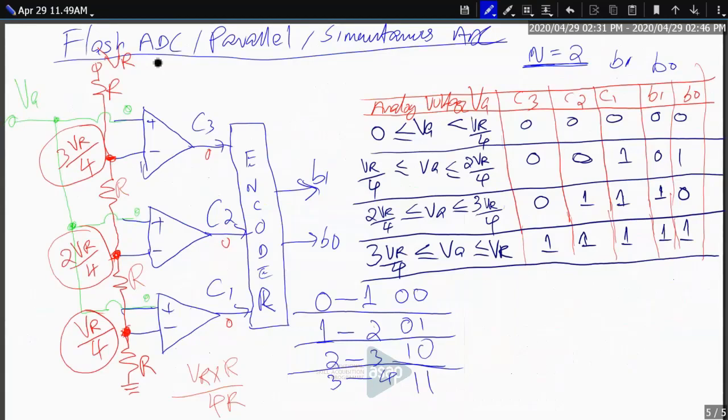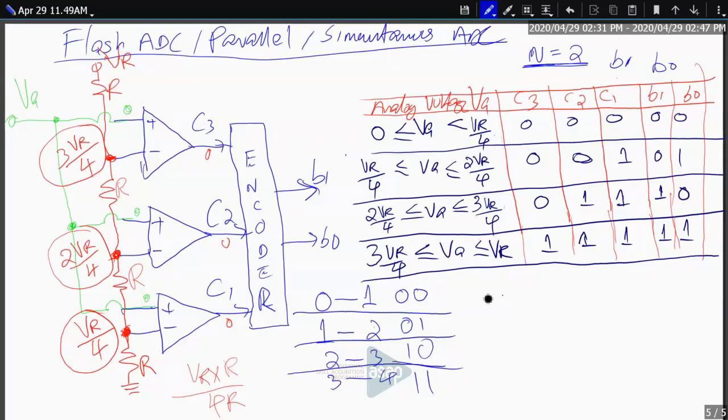Now, if we assume that the applied input voltage is larger than 3 VR by 4, then the situation will be like this. The analog voltage is greater than 3 VR by 4, and it can be equal to or greater than VR, no problem.